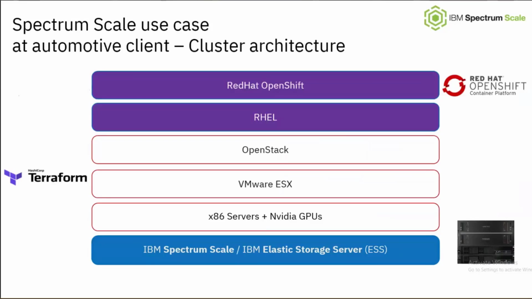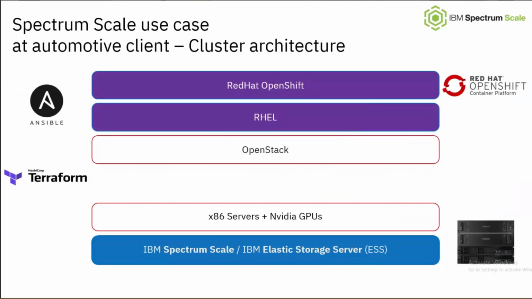But just to complete the picture, this infrastructure was a so-called infrastructure as code pattern. They used Terraform to actually bring up the OpenStack cluster, for example, and bring up the stuff on top. Then they used Ansible to, for example, deploy OpenShift on top of it, and also to control things like configuring a Spectrum Scale client on the nodes where Spectrum Scale needed to be placed to interact with, at that point in time, the so-called storage enabler for containers integration.